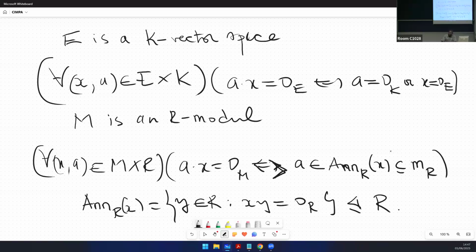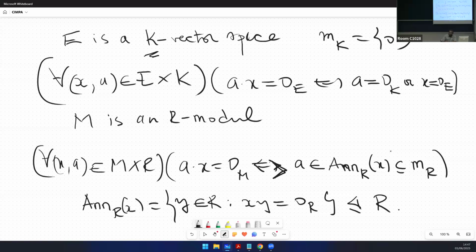We know that K is a field. The maximal ideal of K is the singleton 0. The only ideal of the field is the singleton 0 itself.